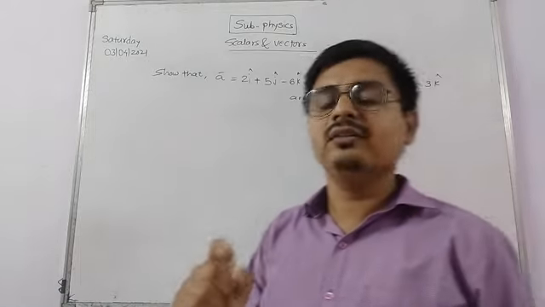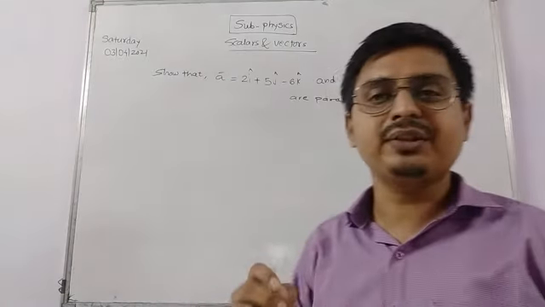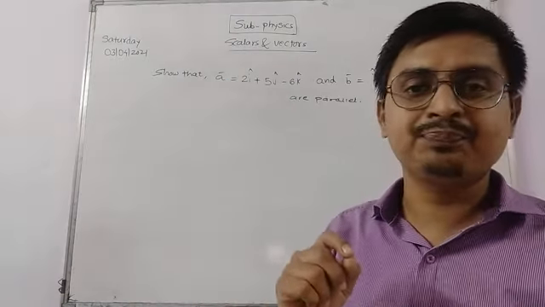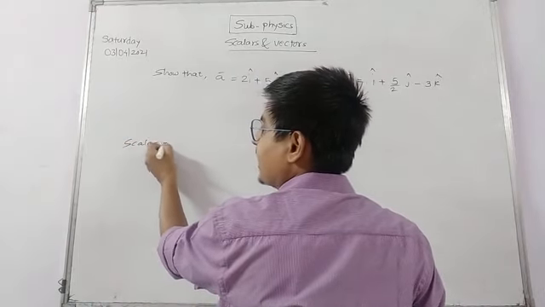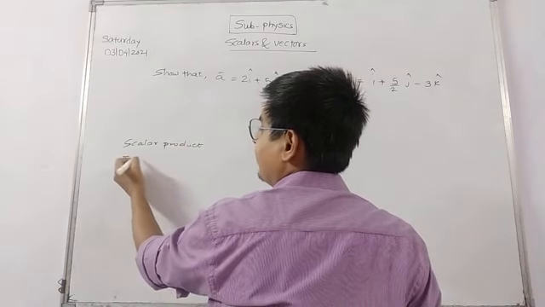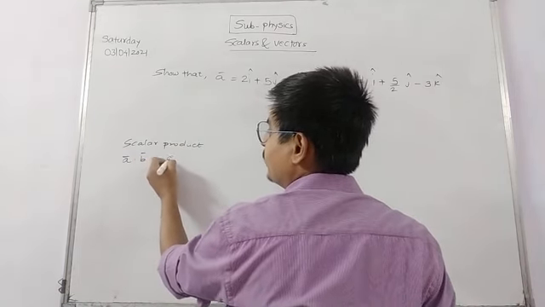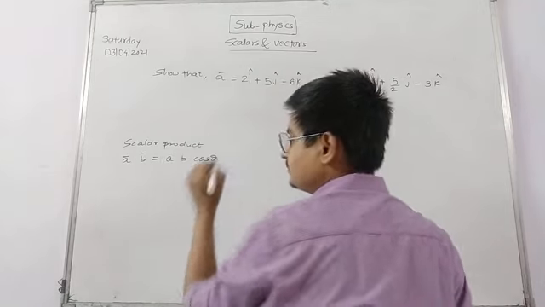Now for doing this, we have two different methods. First method was, we have seen in a scalar product, formula was a bar dot b bar is equal to mod of a into mod of b into cos theta.